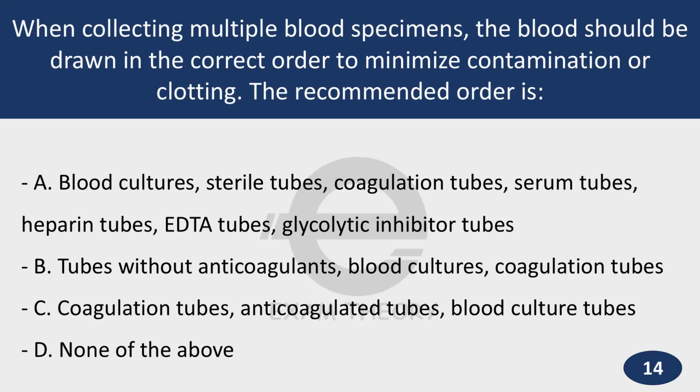When collecting multiple blood specimens, the blood should be drawn in the correct order to minimize contamination or clotting. The recommended order is A. Blood cultures, sterile tubes, coagulation tubes, serum tubes, heparin tubes, EDTA tubes, glycolytic inhibitor tubes. B. Tubes without anticoagulants, blood cultures, coagulation tubes.